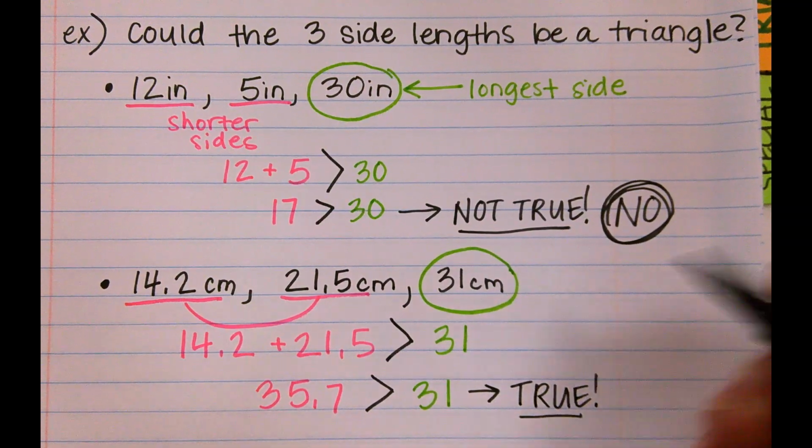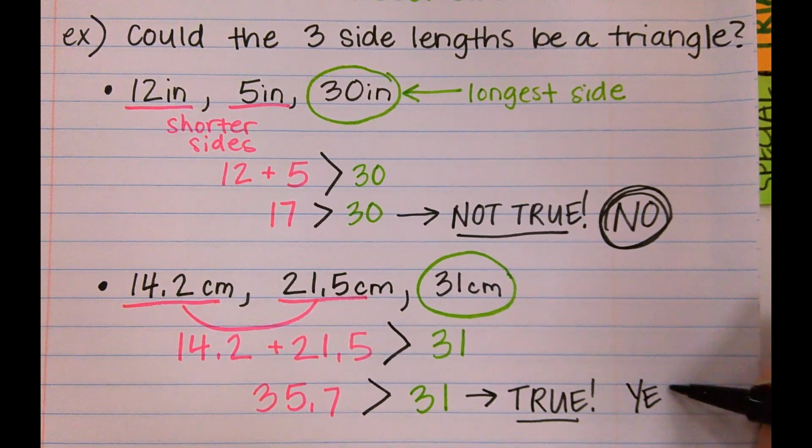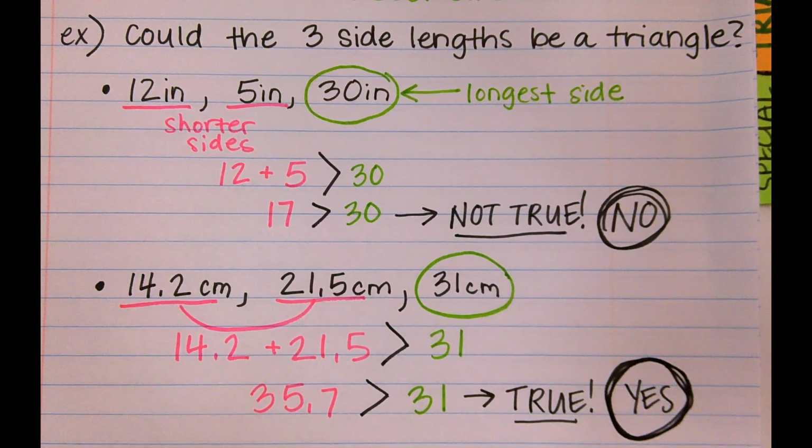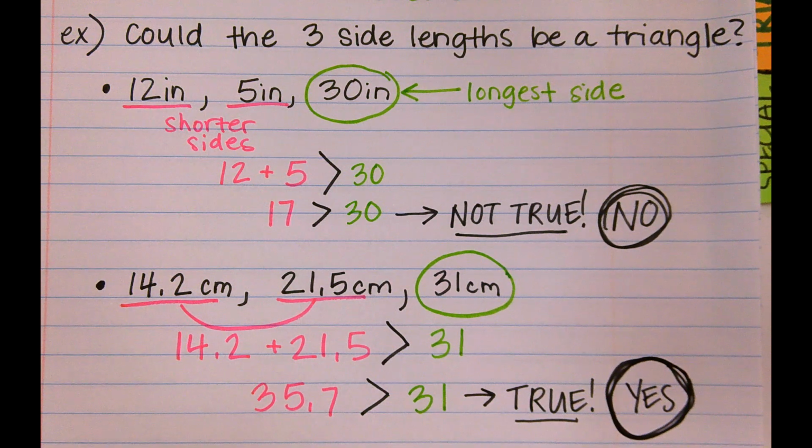So, our answer is yes. That's all you have to do. You add the short ones. If they're bigger than the longest one, it's a triangle. If they're not, then it's not a triangle.